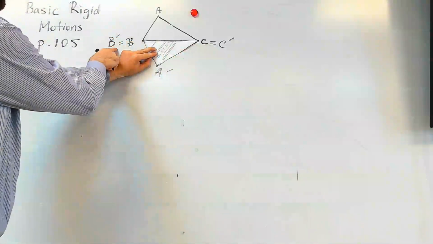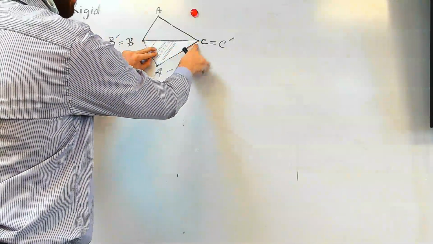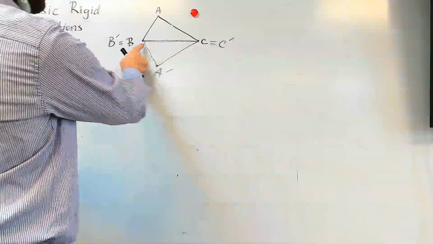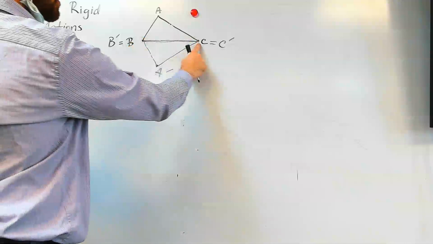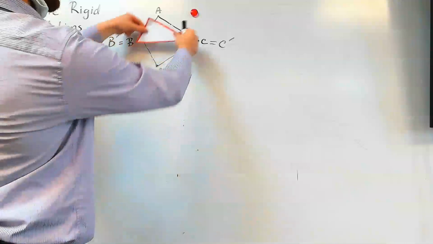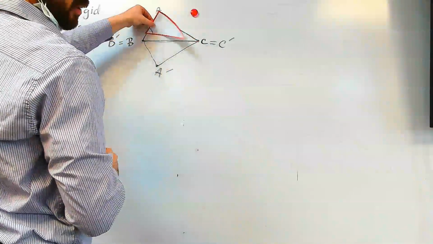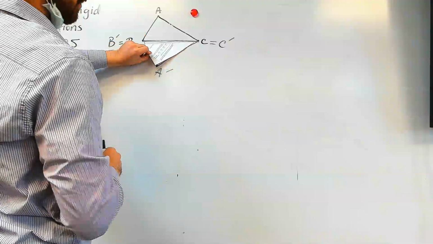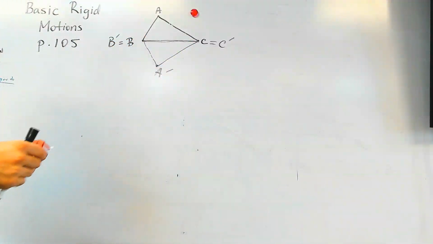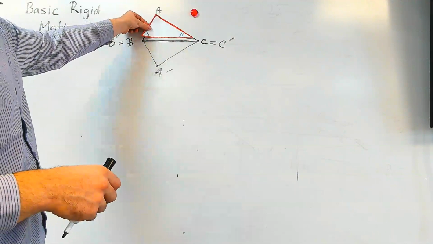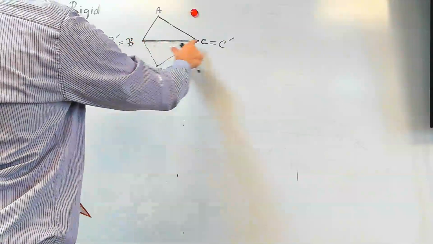B is in the same spot as B prime, and point C is in the same spot as C prime. This is both B and B prime. This is both C and C prime, because when we reflected this triangle, we got A prime, B prime, C prime, the new triangle's location. So how did we get from here to here? We reflected across line BC.